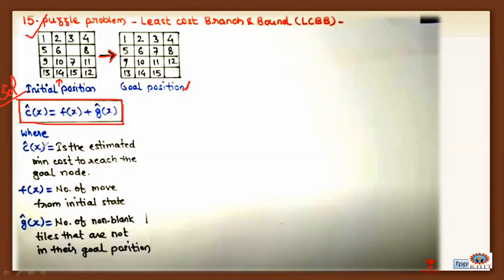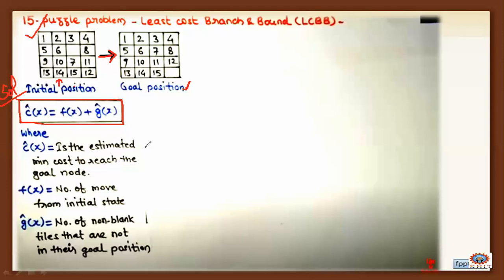C cap of x stands for the estimated minimum cost to reach the goal node. That is called C cap.